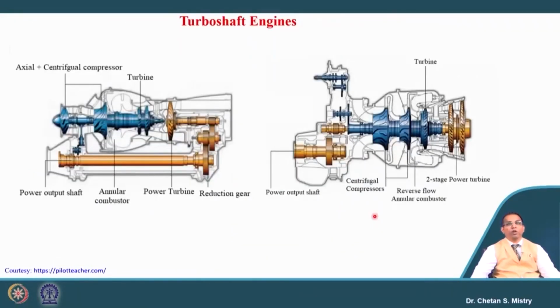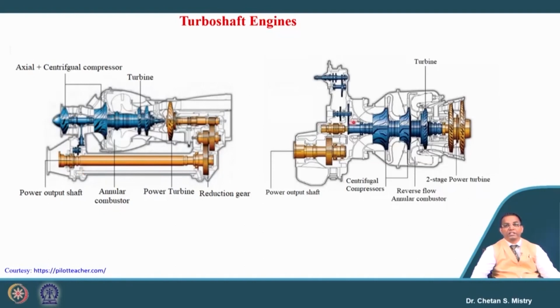Now, let us look at how exactly these engines are. Here in this case, we have an axial flow compressor followed by the centrifugal compressor, which is run by the turbine. All of them are on a common shaft. Then we have the power turbine, which is not connected with this main engine; it is on a separate shaft, and that shaft is connected with the power output shaft.